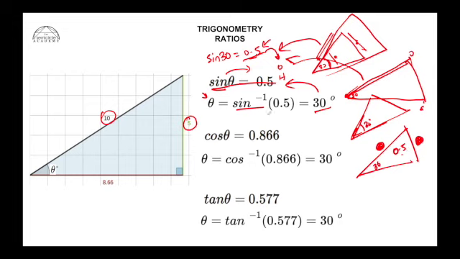So this is the amazing thing about trigonometry and sine, cosine, tan: these ratios, so the cos of 30 degrees, which is the ratio of the adjacent over the hypotenuse, will always be 0.866. No matter how big or small the triangle is, if it's a 30-degree angle and you divide the adjacent by the hypotenuse, you will get 0.866.